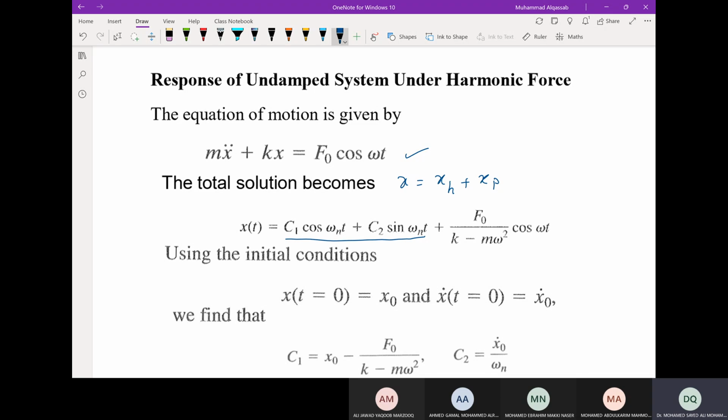You don't find C1 and C2 yet, you just make them unknown. We called them A and B before, but they are constants, so A and B or C1 and C2. So here is x H, homogeneous, plus the particular solution. The particular solution is X cosine omega t minus phi, same as before, there are no changes.